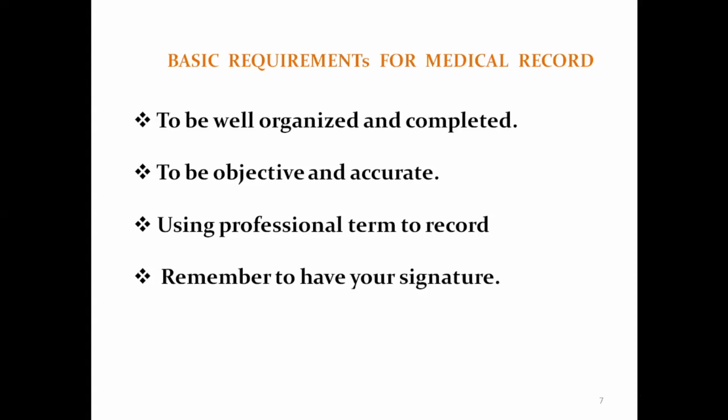So it should be well organized and complete, objective and accurate, to the point. You should not involve too much useless story or something like that. So it must be objective and accurate, and use professional terms to record.